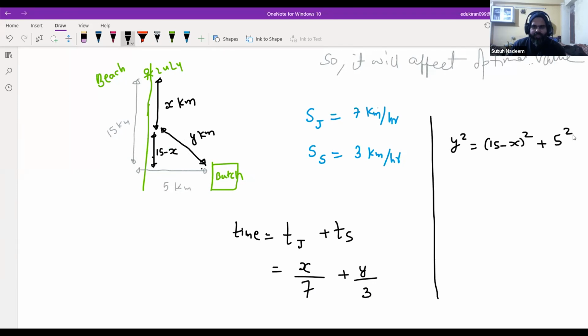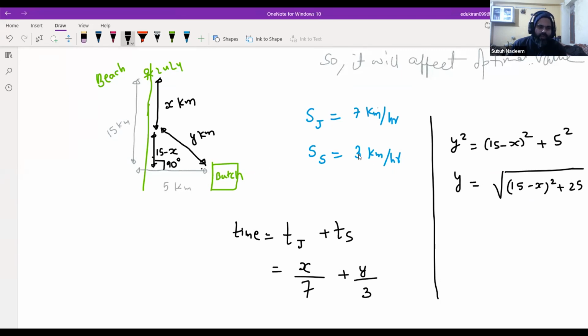Can you write it like this? Pythagoras theorem is: the hypotenuse square is equal to perpendicular square plus base square, right? This is 90 degrees, between the shore and that beach.